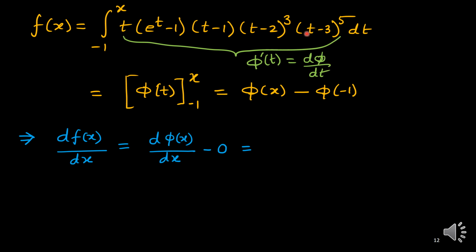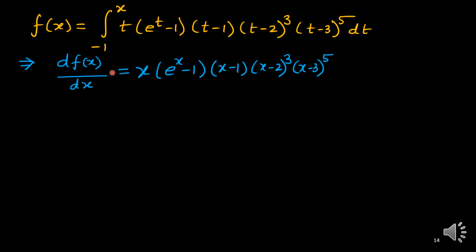So this is the phi prime t, this is the phi prime x. Just we need to replace t by x. So what you will get? This phi prime x is nothing but this function, where t is replaced by x here. So it is x e to the power x minus 1, x minus 1, x minus 2 whole cube, x minus 3 whole 5. Okay. So we have got this one.